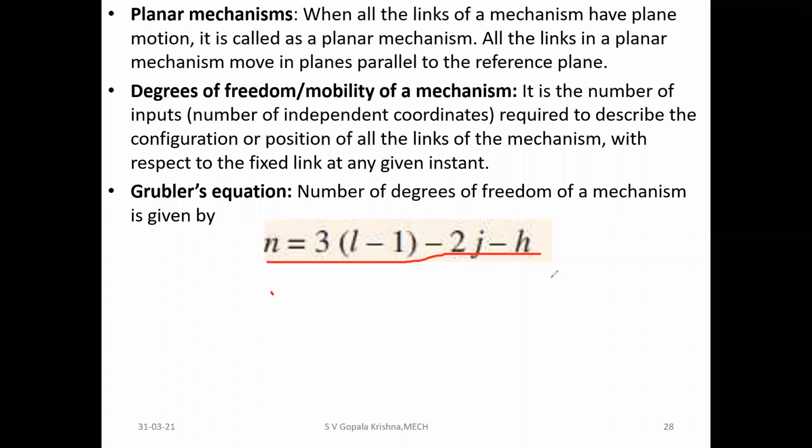Just all of you keep this formula in your mind. It is very important. If they give one structure, frame or mechanism, simply find the degrees of freedom.